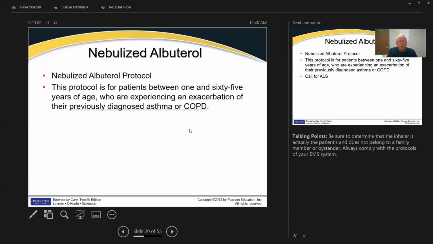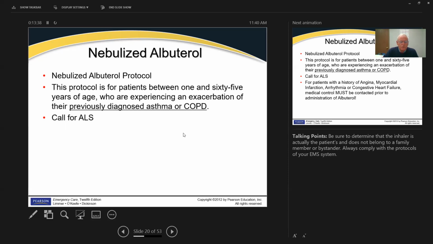The protocol for using nebulized albuterol is for patients between 1 and 65 who are having an exacerbation of their previously diagnosed asthma or COPD, chronic obstructive pulmonary disease. Exacerbation means a worsening of a pre-existing or chronic condition. In anybody that's having difficulty breathing, you're going to be calling for ALS, okay?